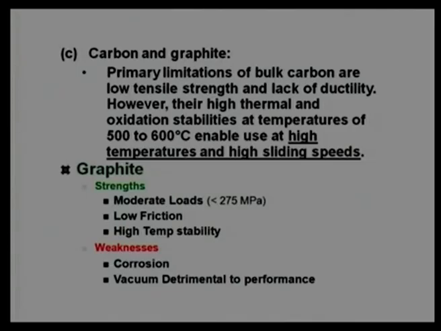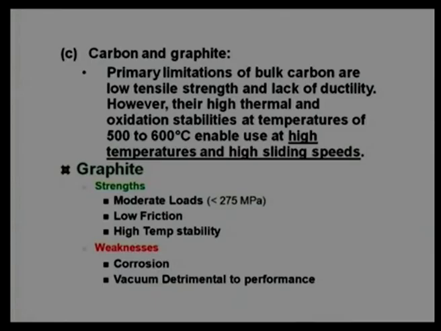A major strength of graphite is moisture. In the presence of moisture, they act as a very good lubricant, but if there is no moisture available, then there will be a problem: the coefficient of friction will increase, maybe 3 to 4 times. Another problem with graphite is that it acts as a corrosion agent.